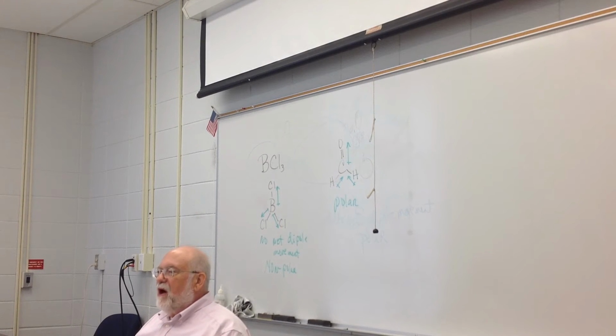What's the difference? Look at the composition. How many elements are making up boron trichloride? 2 different elements. How many do we have in the other case? 3 different elements. That's what makes the difference.